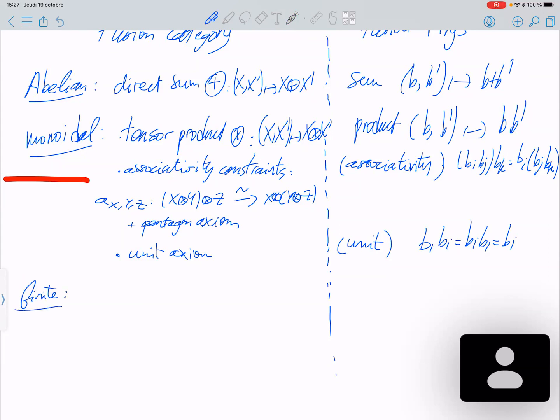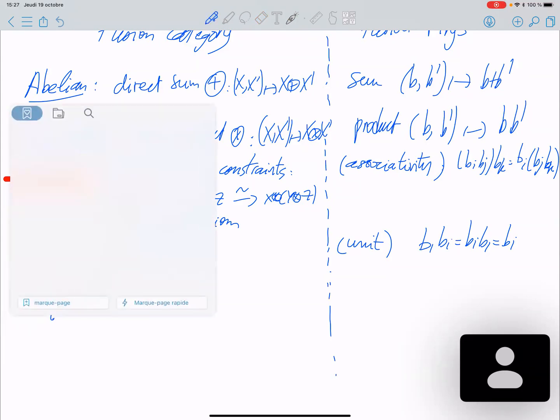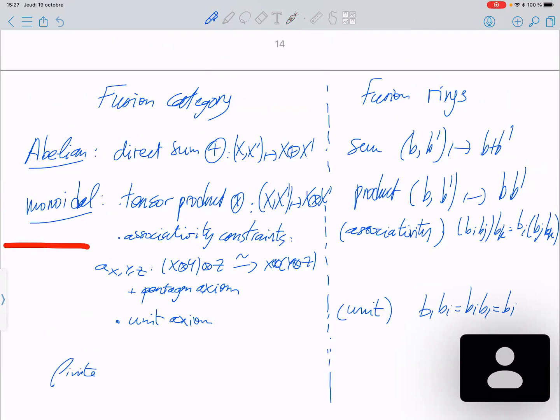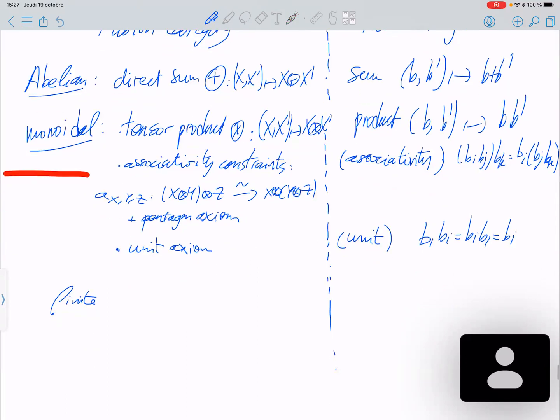Finite here corresponds to the fact that the basis is finite, finite basis.